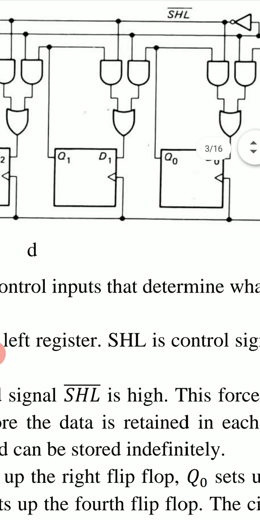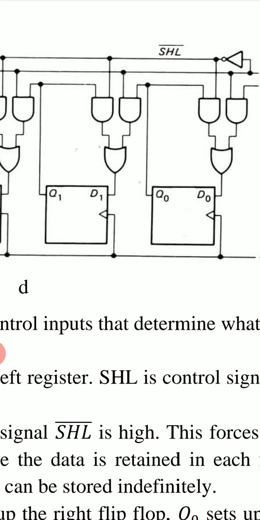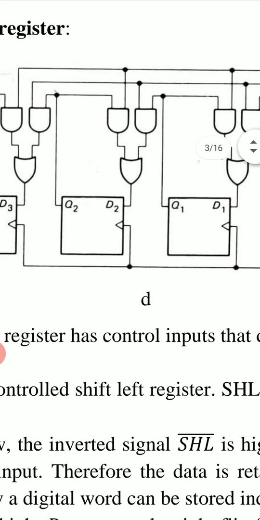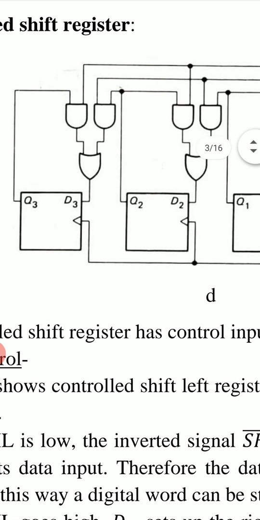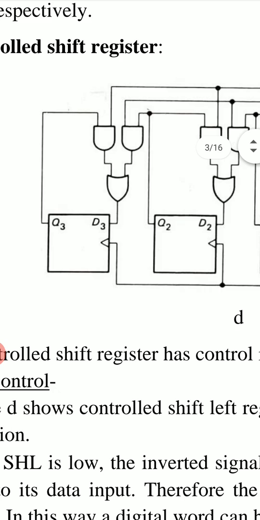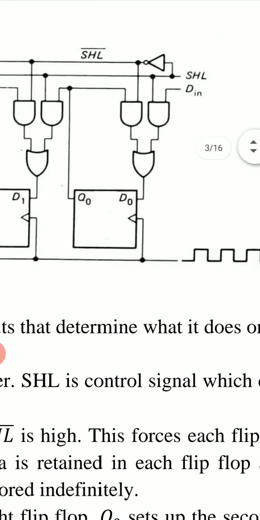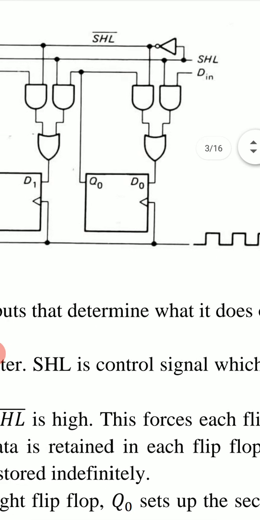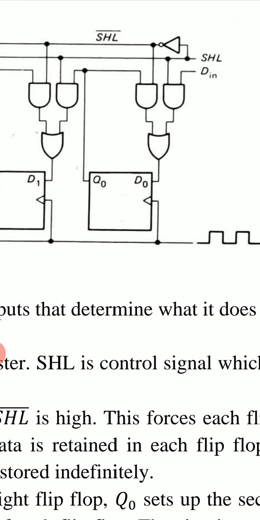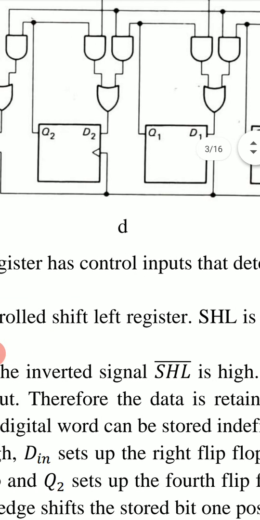And for the next positive clock edge, this Q1 becomes equal to D in and at the next positive clock edge Q2 will become D in and at the next positive clock edge will produce Q3 equal to D in. In this way, this D in bit will be transmitted to the left side. So this circuit will work as a shift left register.